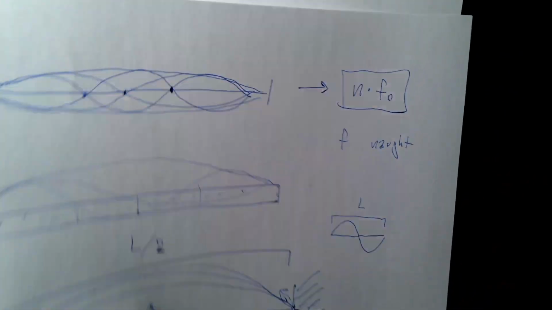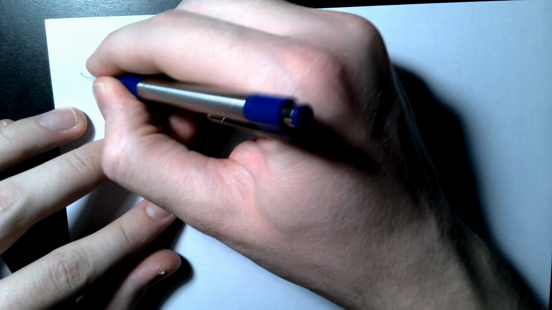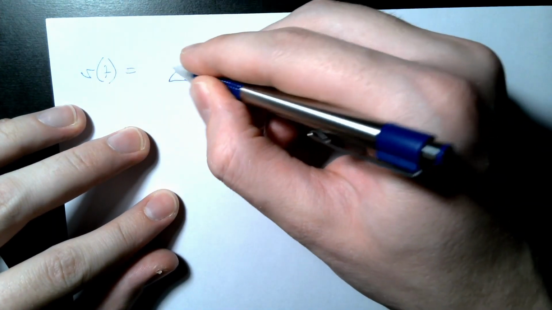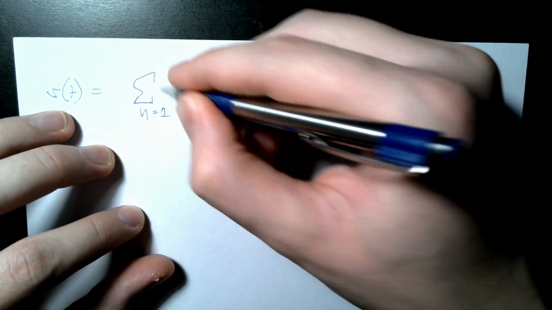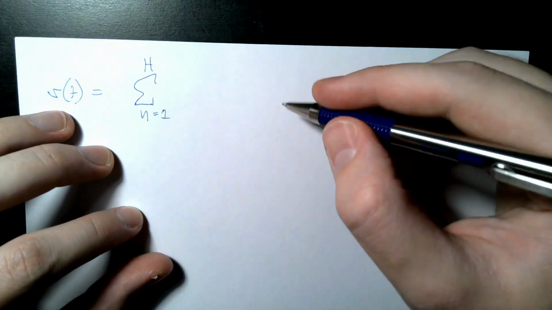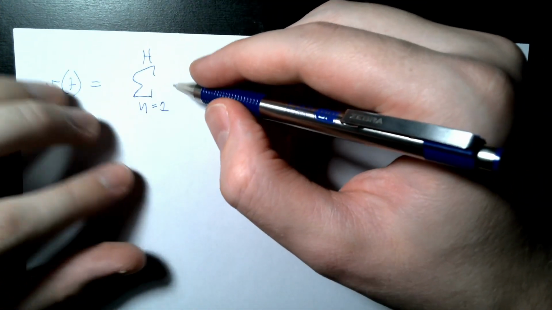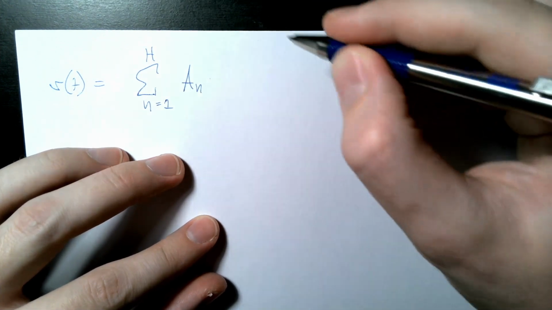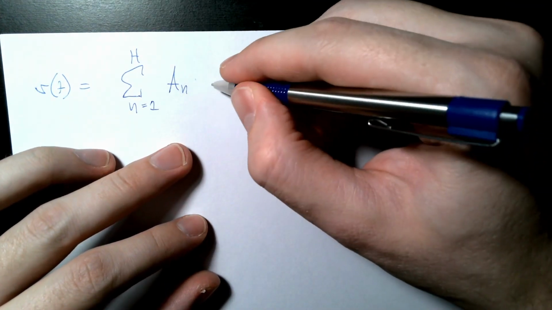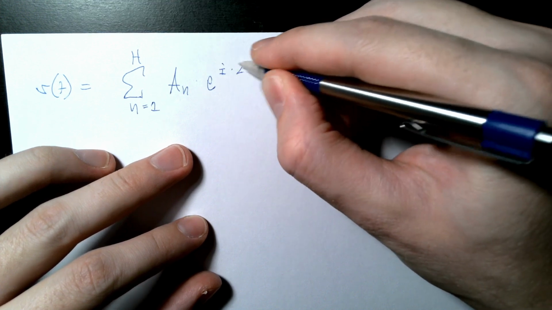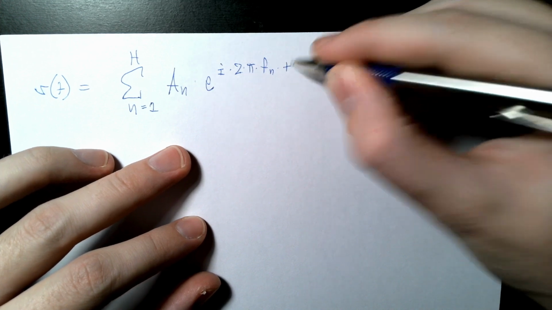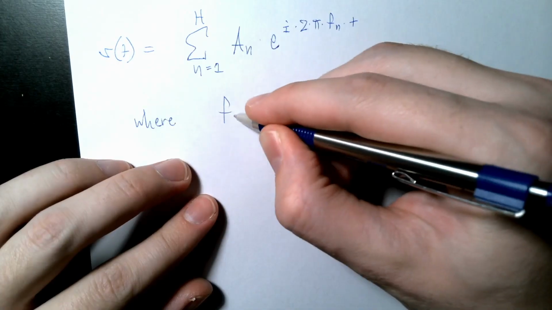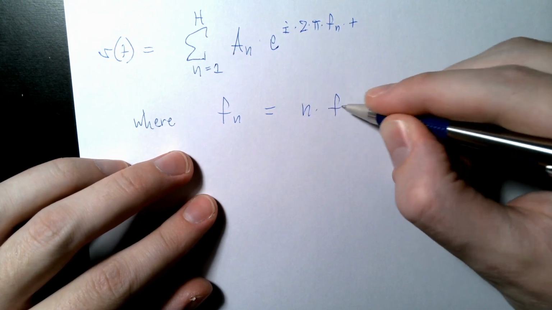It will be a sum of everything, actually. The signal, and this is a time signal, is equal to the sum over n, with n equals 1 until the number of harmonics, of some amplitude that is specific to n multiplied by e to the i 2 pi f sub n times time, where f sub n is equal to n times f0.